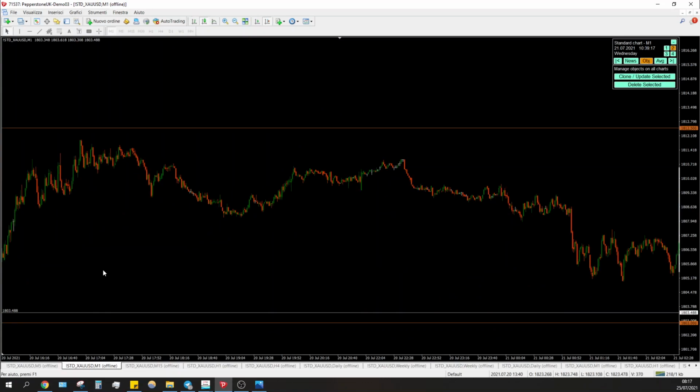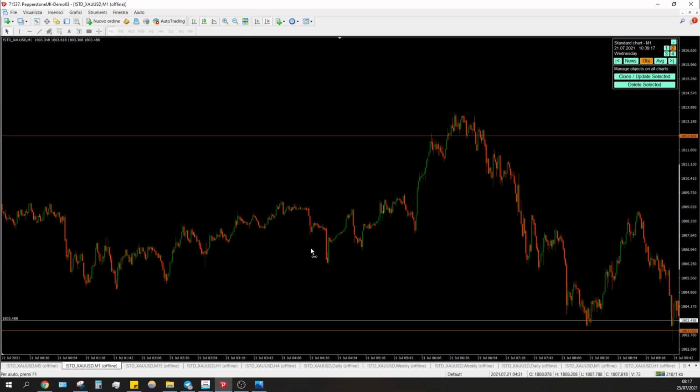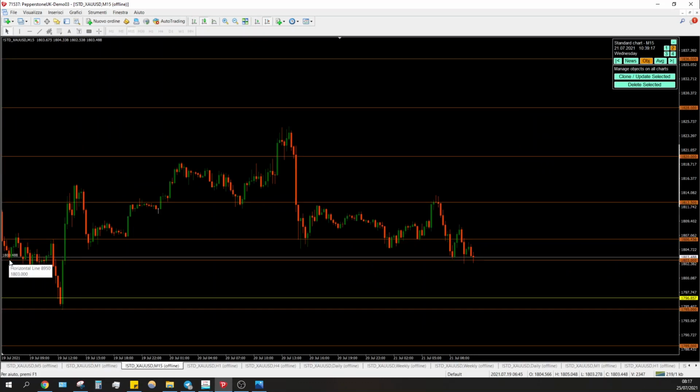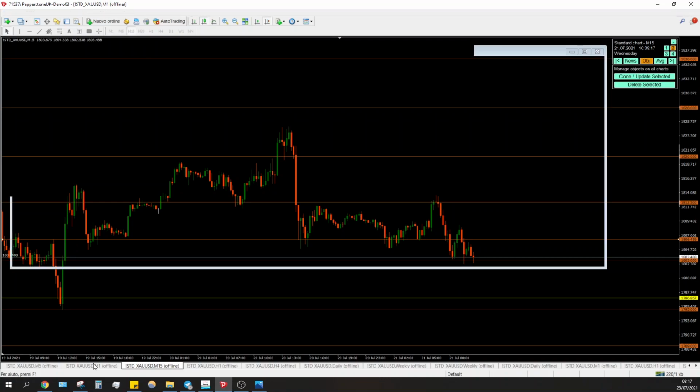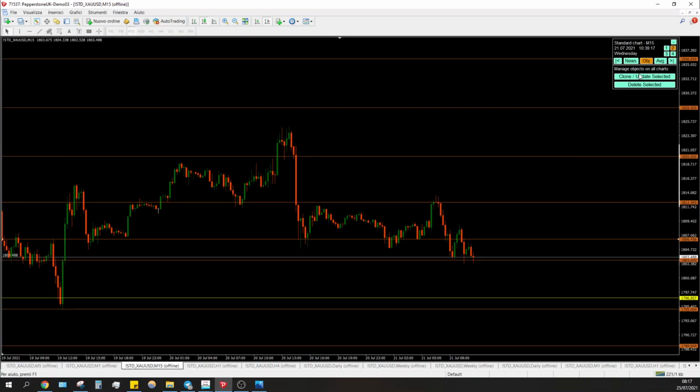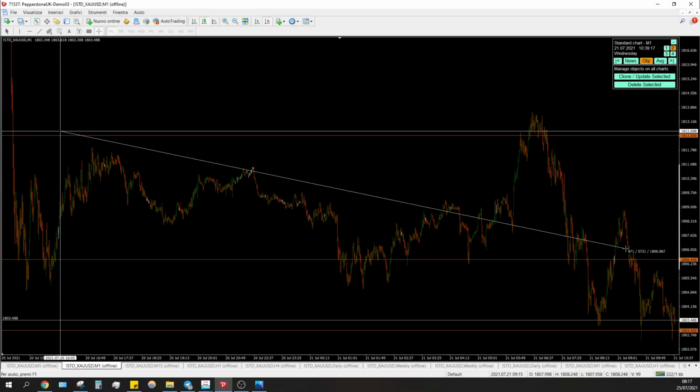This is yesterday. It's not really clear on the 1 minute, to be completely honest with you, because there's no market. Okay, so we saw this one, and then a breakout of the wedge on the 1 minute.